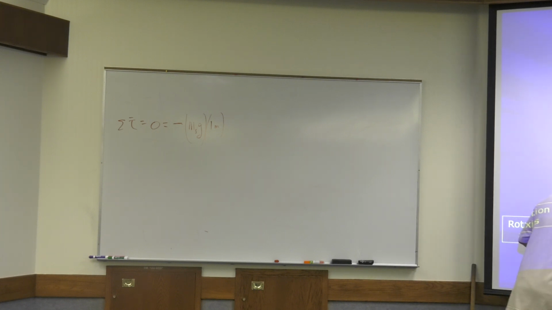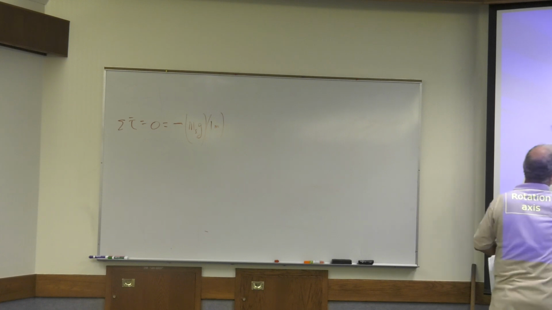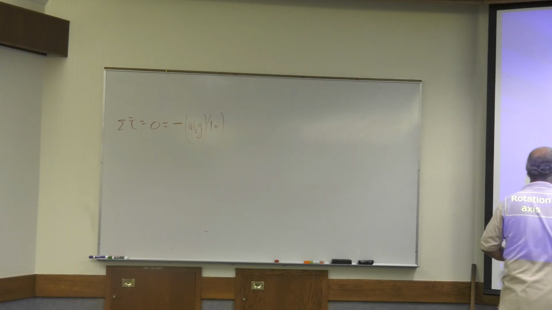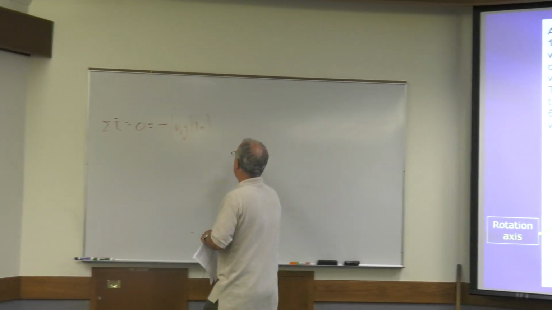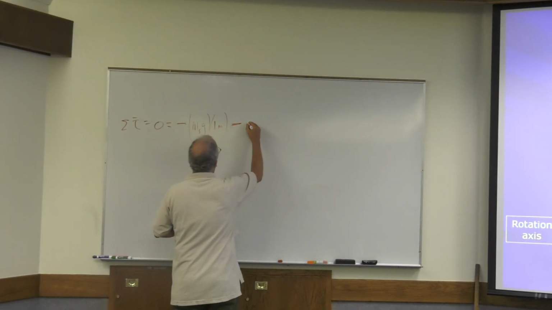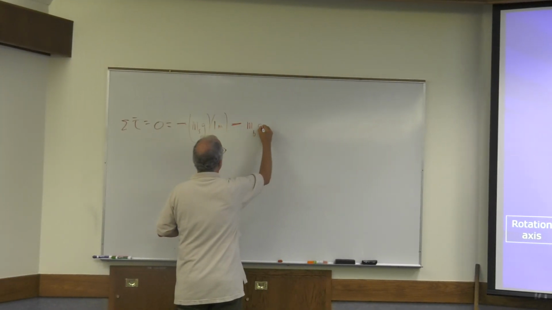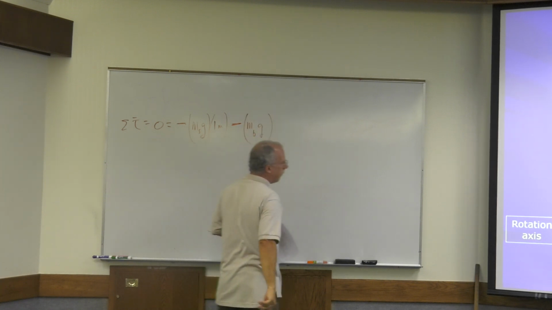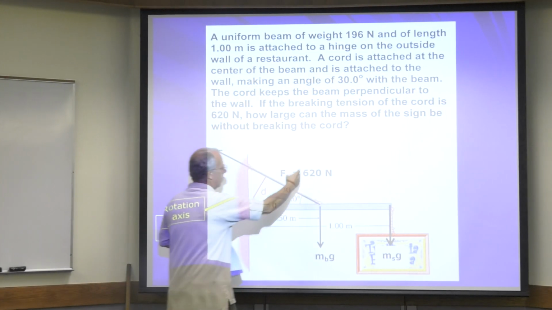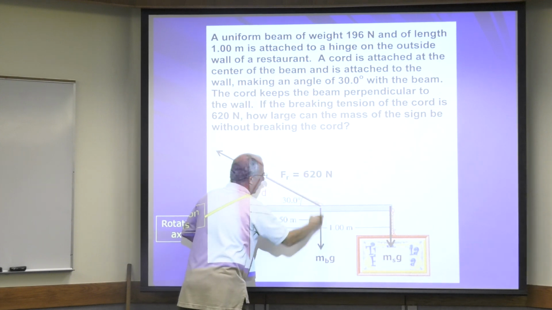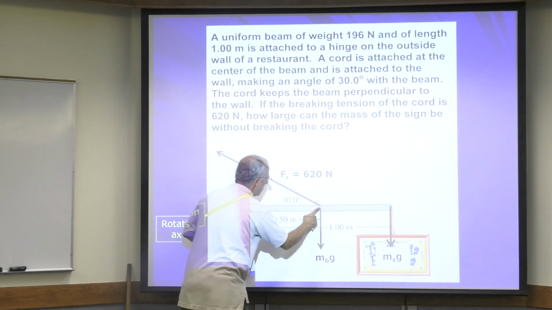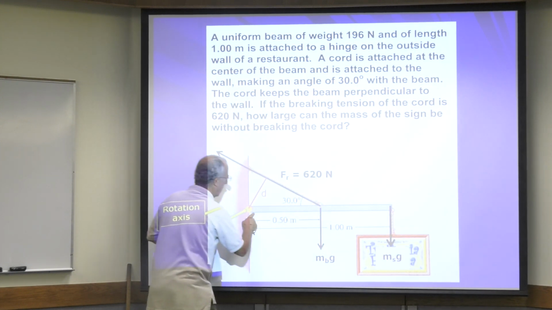All we have is the weight of the beam. Is it going to be clockwise or counterclockwise? Well, it's going to be clockwise. So we've got to put that minus sign. So minus m_beam g. What's the lever arm? So here's the force line. Perpendicular distance from that to the axis is this, 1/2 meter.